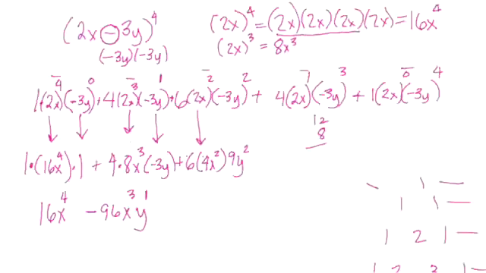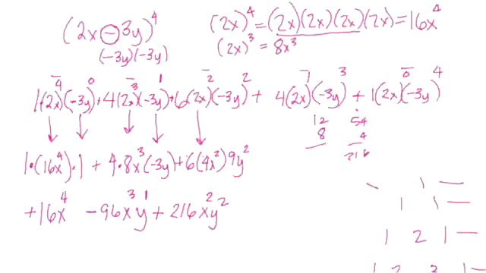So now I go 6 times 4 times 9. That's 24 times 9, or 54 times 4. I'm going to do that. 54 times 4, that's 16, carry the 1, 216. So that means the number here is plus 216 x squared y squared.